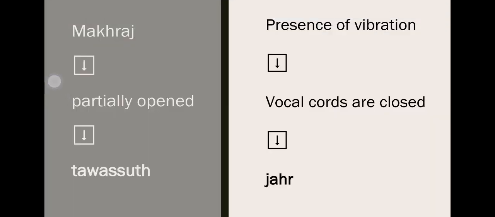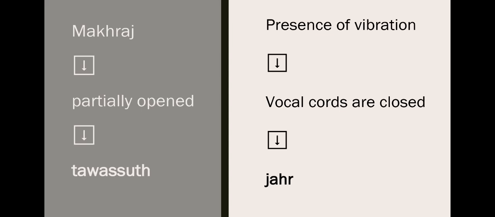Yes, this is the sifat of tawassut. Until now we have studied 2 sifat of the sound, which are the shidda and the rakhawa. For the shidda, the hamza, what we have studied, the makhraj will close. There is no space for the sound to go out. No space at all. The sound produced at the makhraj will stay inside. It will not leave.